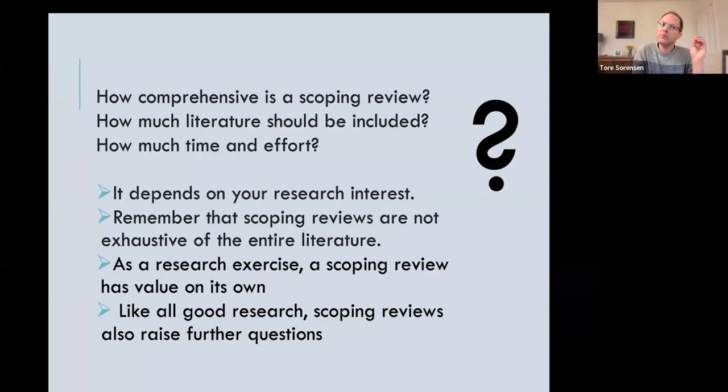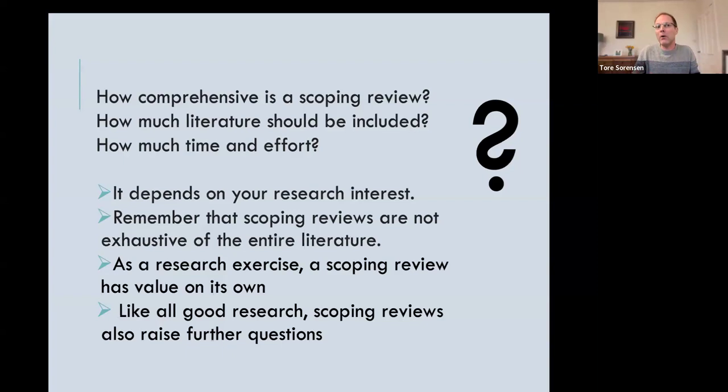Sometimes you see, especially those maybe writing in medical research or in health research, that a scoping review is a preparation for undertaking a systematic aggregative review that is trying to measure or identify the effectiveness of policy interventions. So it's a sort of preliminary assessment of a field before you get to answering the really important questions.